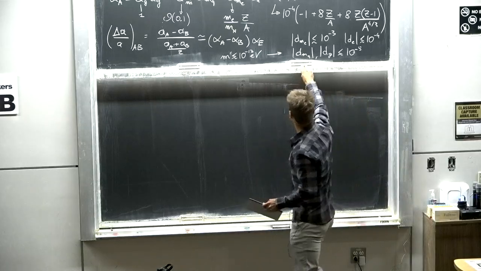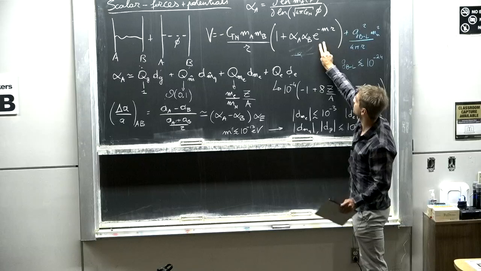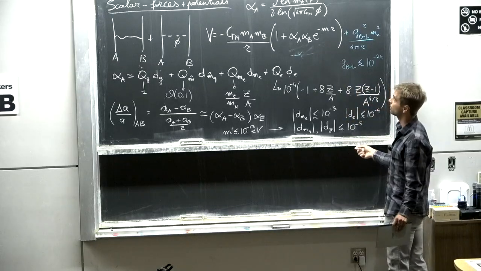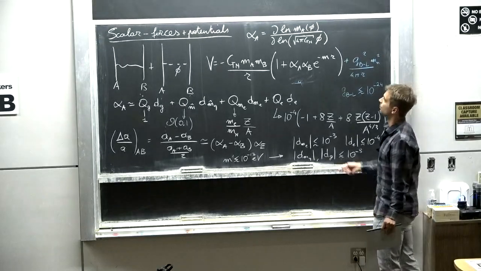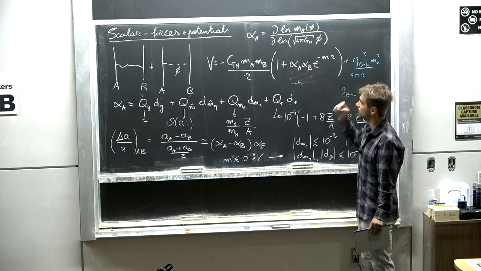Okay, the second thing we can do is look for the force not obeying the inverse square law. There are lots of astrophysical tests of violations of the inverse square law.